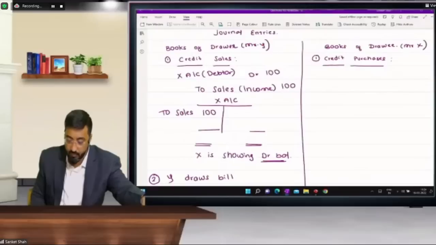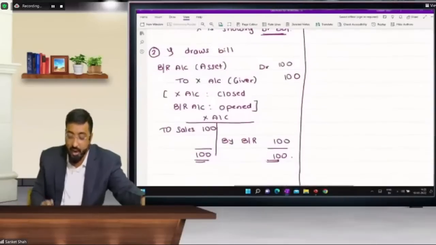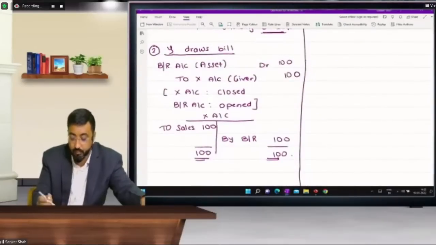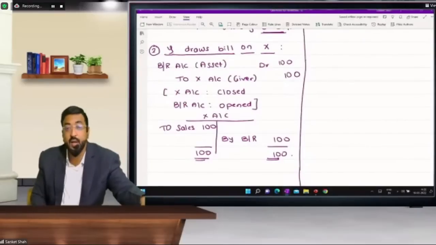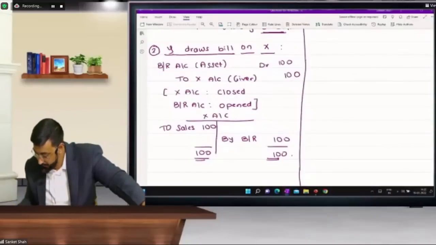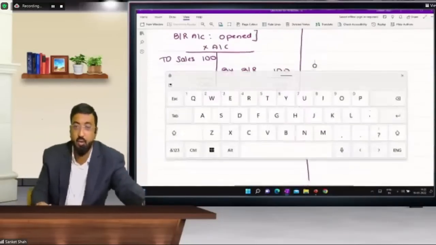Okay, so rectified, beta. In X's books, Y should be there. Okay, but for now it's fine. Now I change the answer. Y draws a bill on X. So X account, beta, is getting closed. So write quickly. Yes, yes, yes. Now you are correct, everyone. Okay?